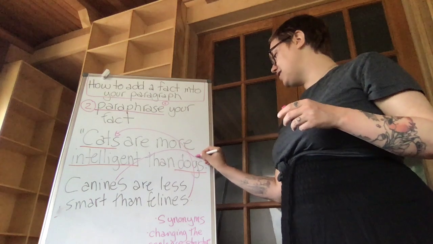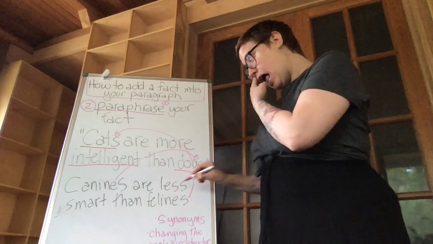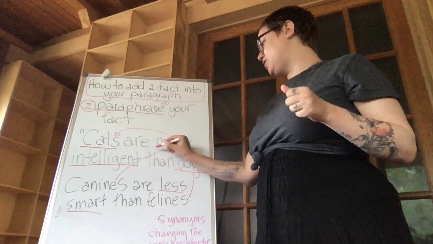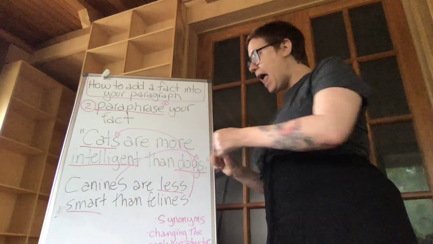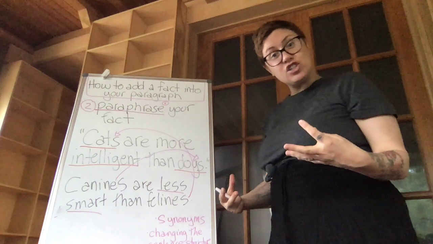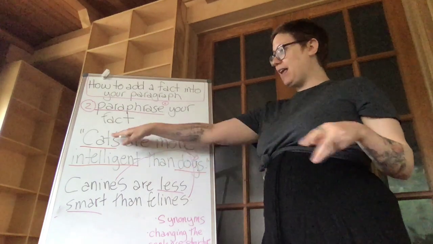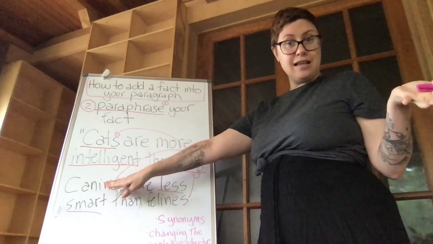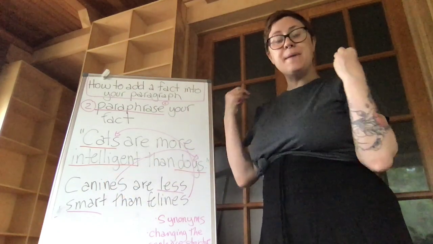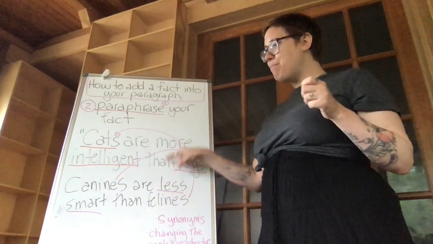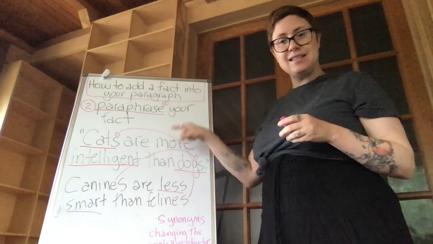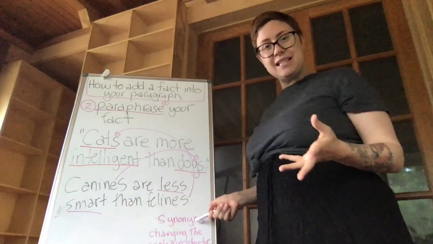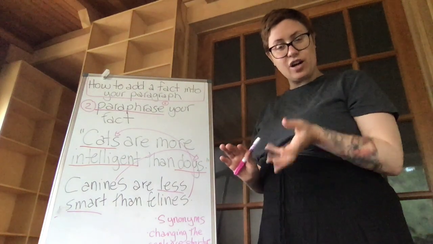Canines is a scientific word for dogs. And I wrote less smart as an opposite to more intelligent. And I changed the sentence structure. Here, cats is the subject, and here, dogs is the subject. But the important thing is the meaning of these two sentences is the same. I've just changed some synonyms and changed the sentence structure.